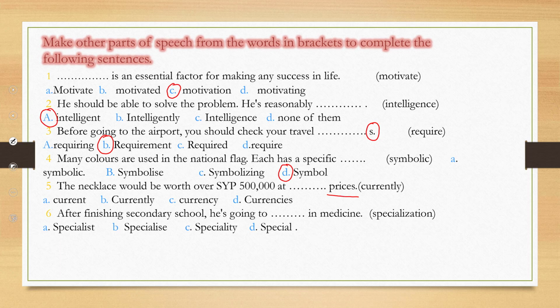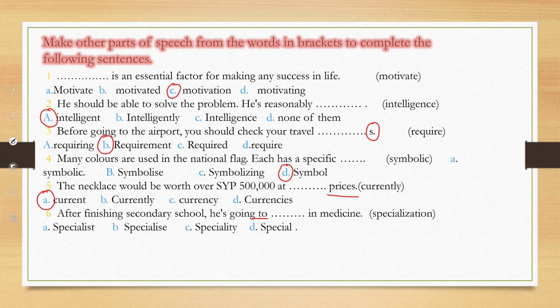Since we have a noun here, it should be preceded by an adjective, current. Letter A. Number 6. After finishing secondary school, he is going to blank in medicine. We have to that should be followed by a verb.